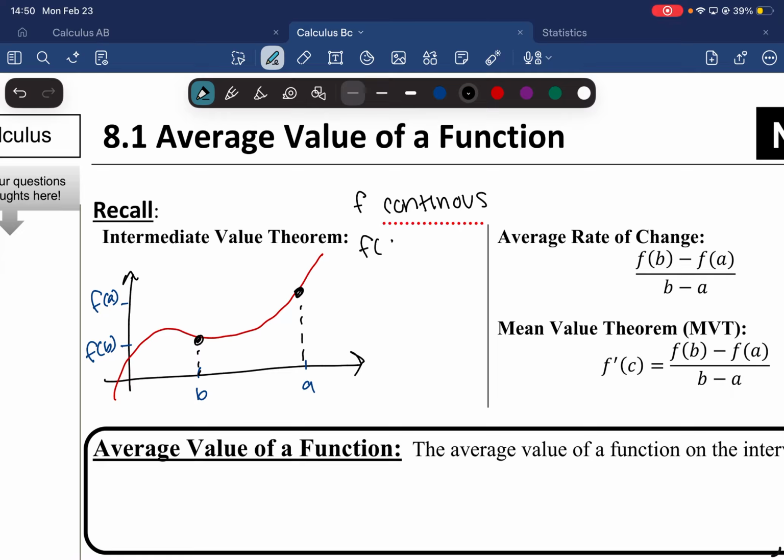and f of a greater than f of b, this implies that there exists some c value such that c is between b and a, and f of c is between f of b and f of a.